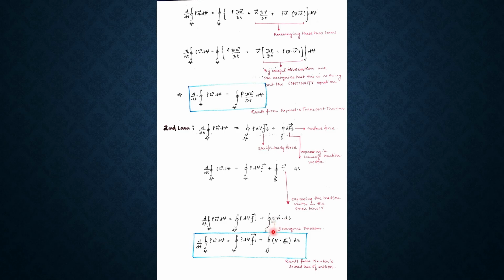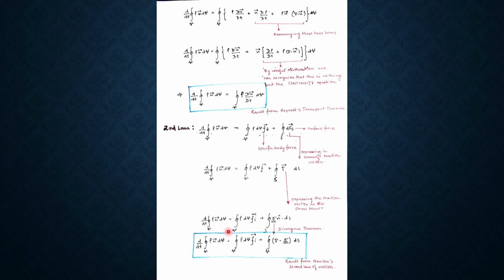So now that we have it in the form sigma n cap dS, we can use the divergence theorem and write it as divergence of sigma dV. What we have done here is reduce all the terms to a volume integral, which will be helpful in finding the differential form. Let's name this the result from Newton's second law of motion.